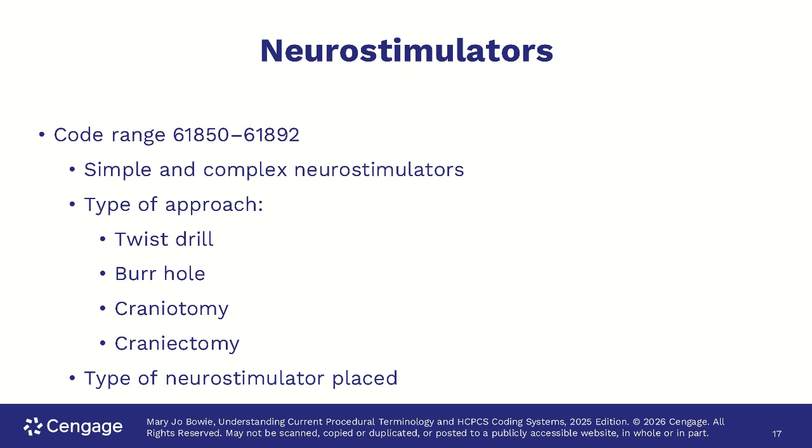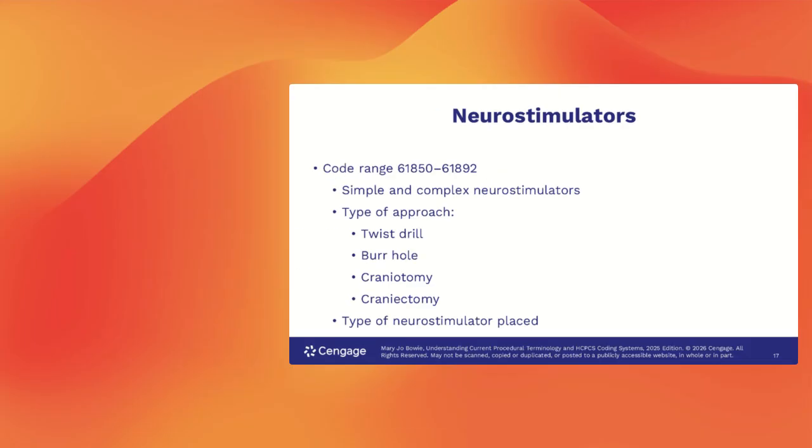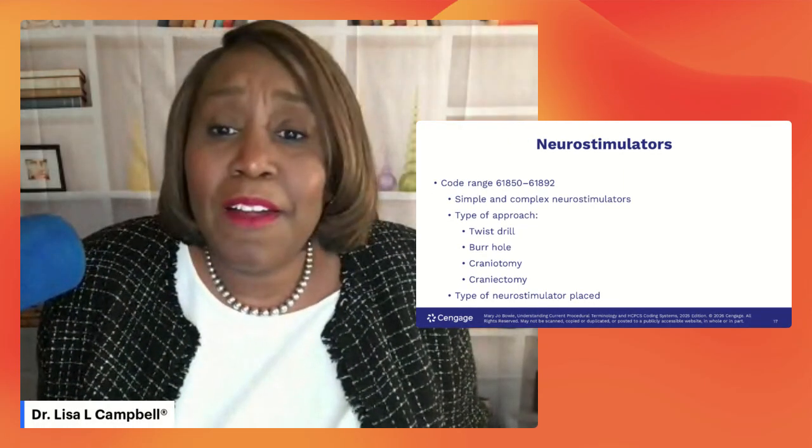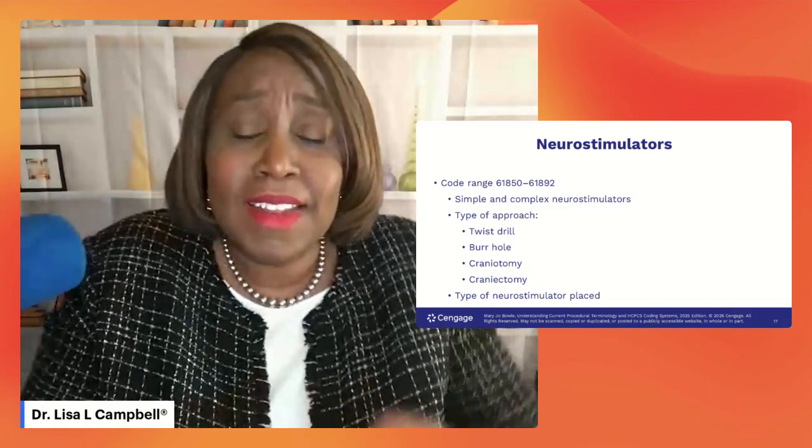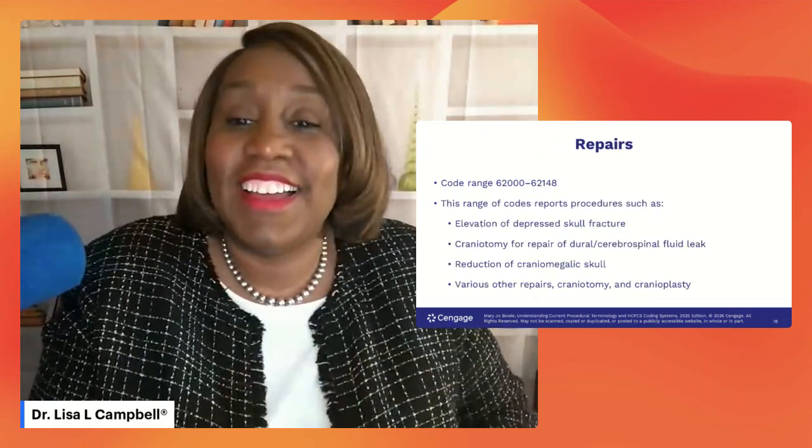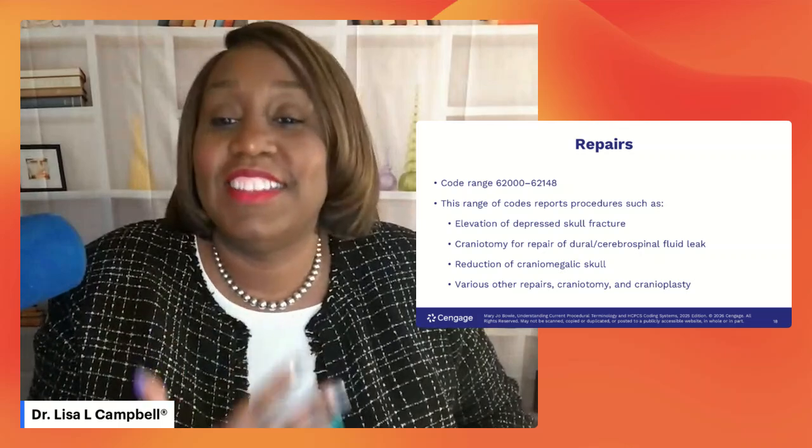In this particular area, looking at the CPT codes, you are going to see that the codes are organized for insertion, replacement, revision, removal of neurostimulators. And what? There are guidelines, guidelines, guidelines. What can I say? There's guidelines everywhere, right?